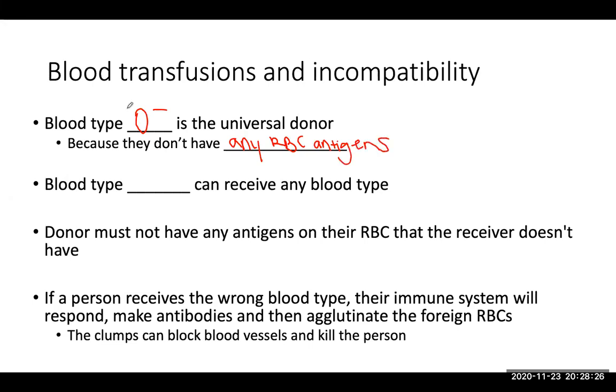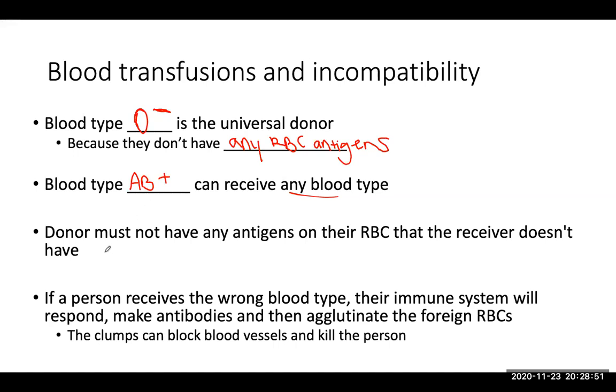But you have to make sure it's O negative and not just O, right? O negative. Blood type AB positive has every type of antigen. Therefore, any blood type is safe to give to them because they have all of the antigens. There's nothing you can give them that they don't already have.